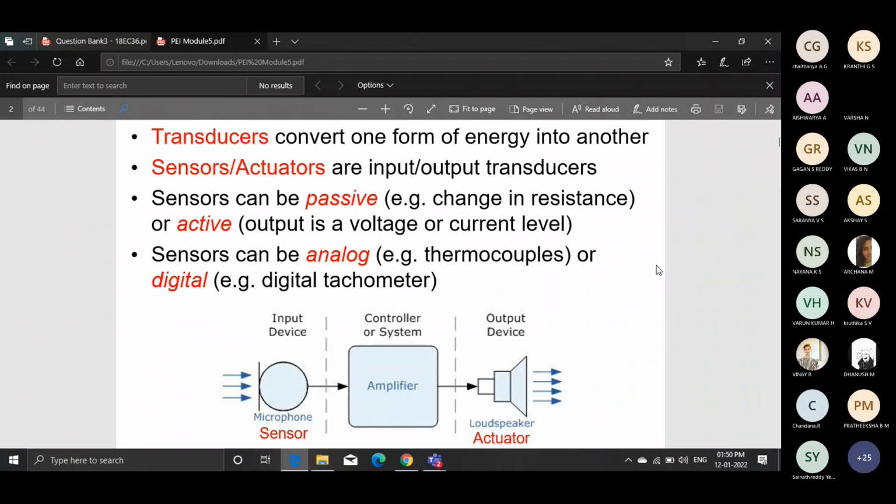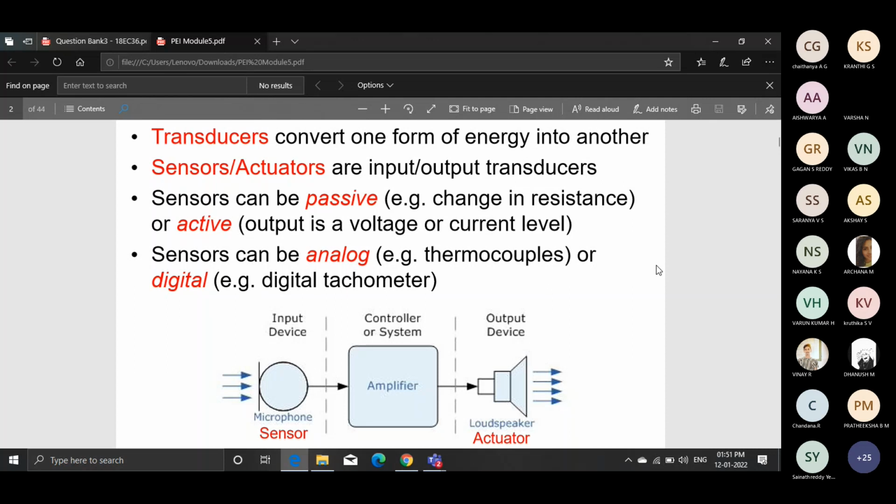So whenever you consider a transducer, we should have a sensor, and we should have an actuator to act on it. So sensors and actuators are the input and output transducers. Sensors are the input transducers and actuators are the output transducers. When it comes to a sensor, it can be a passive device or an active device.